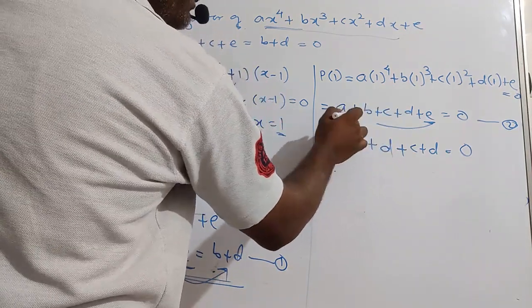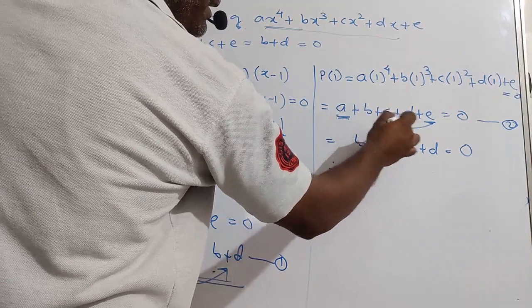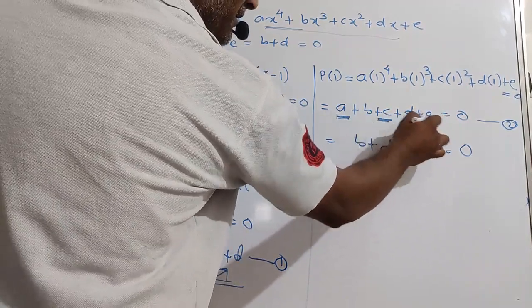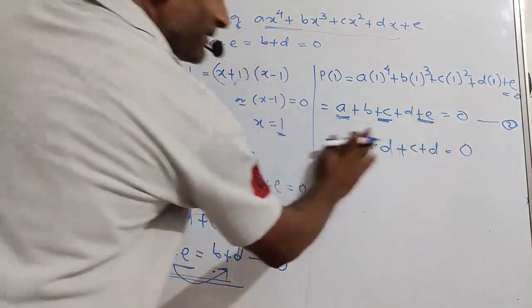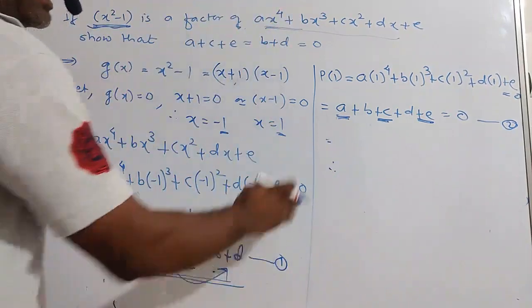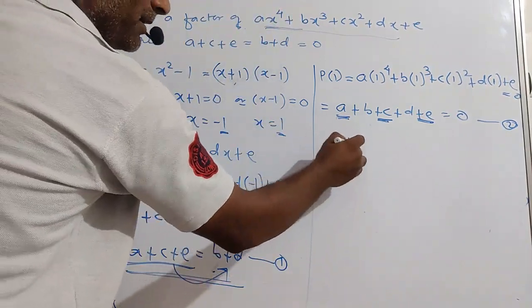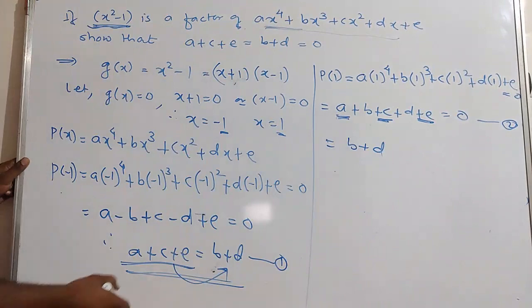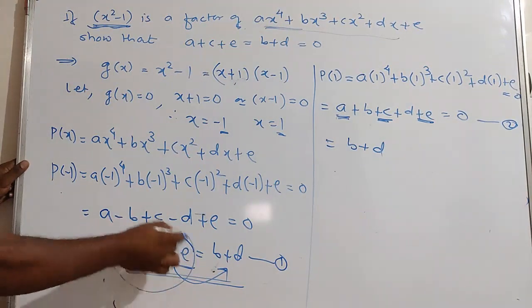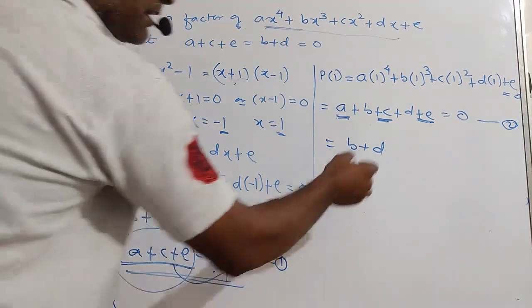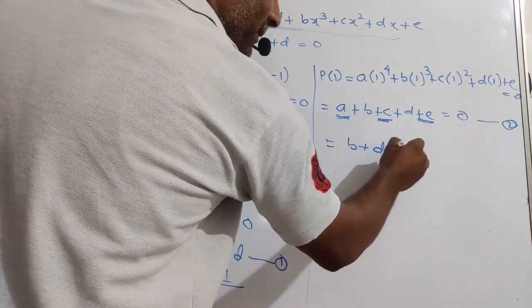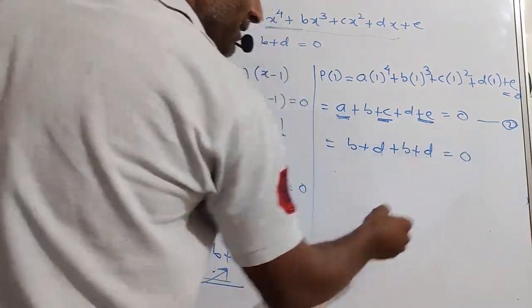A plus c plus e, I will substitute b plus d. Here it is a plus c plus e, and the remaining terms are b plus d, equal to 0.